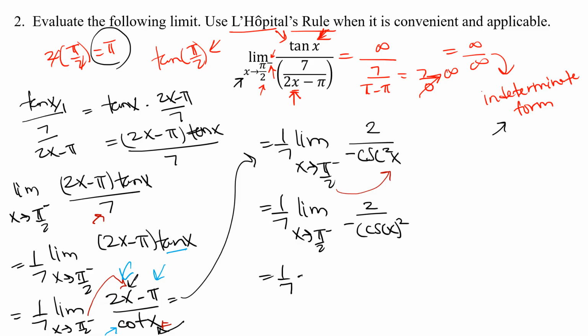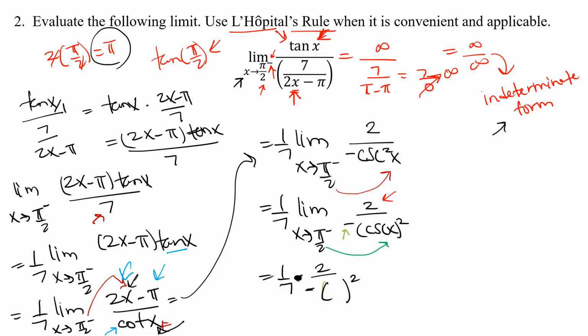We have that 2 in the numerator, and there's no x to plug in for, so the top is still just going to be 2. And then the bottom, we have this negative. Now we would plug in pi over 2 in the place of our x.